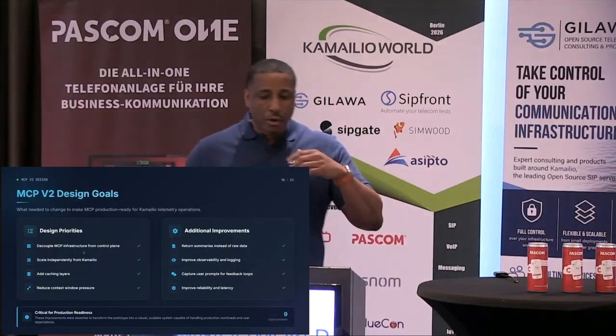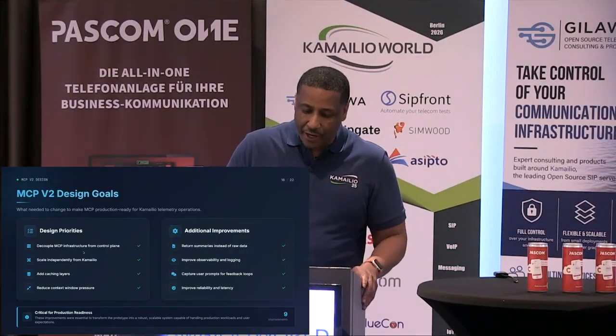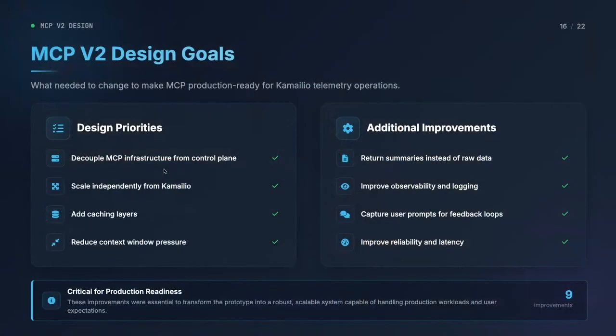All right, so moving to the V2 design goals here. We wanted to decouple the MCP infrastructure from the control plane. When I say control plane, there was an API, so with DSIP, everything comes together, right?